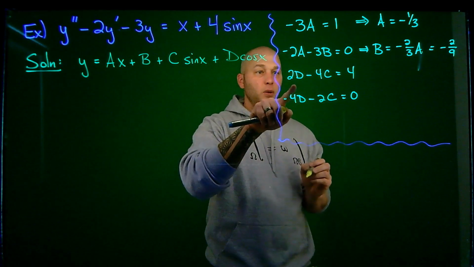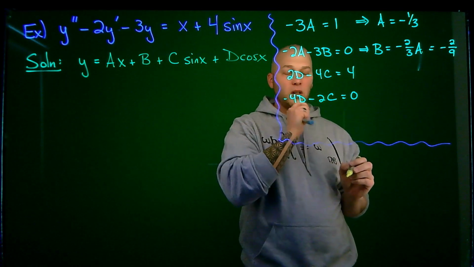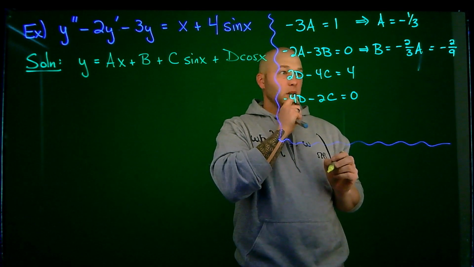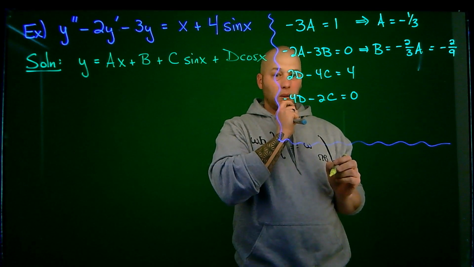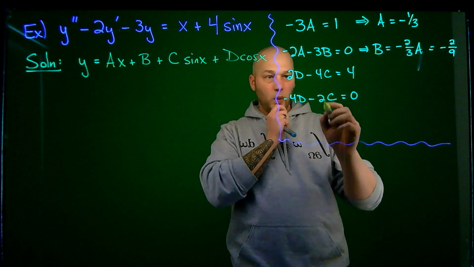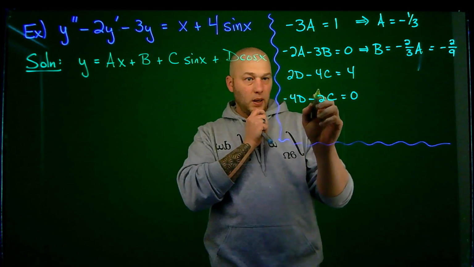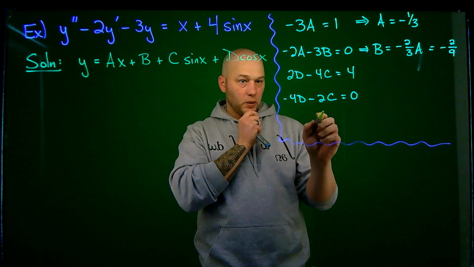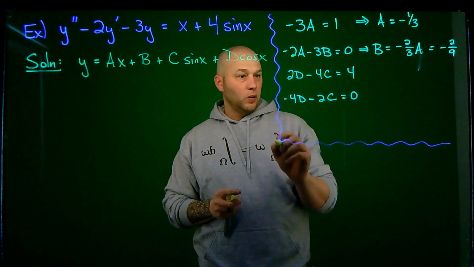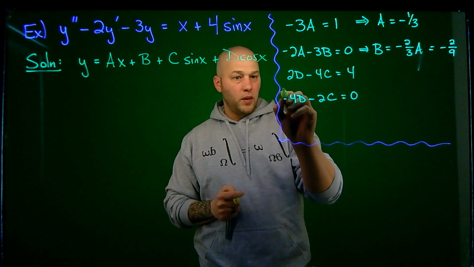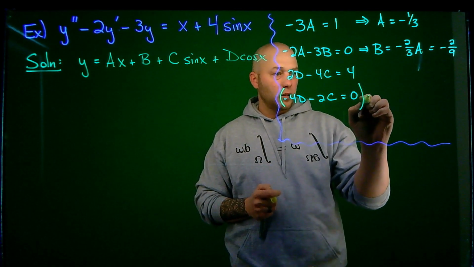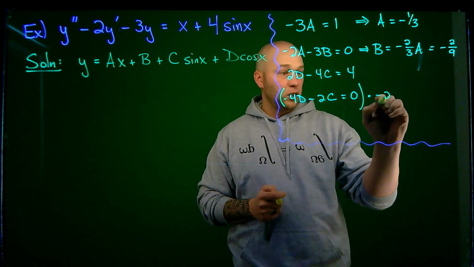And then 2d minus 4c is 4. Let's see, we have a, we have b, and then it looks like we would have to solve this as a system of equations. So let's say I was to take this second equation and multiply it by negative 2.